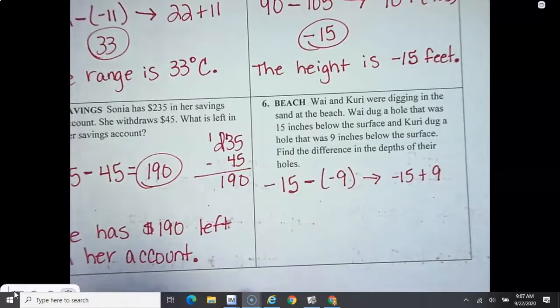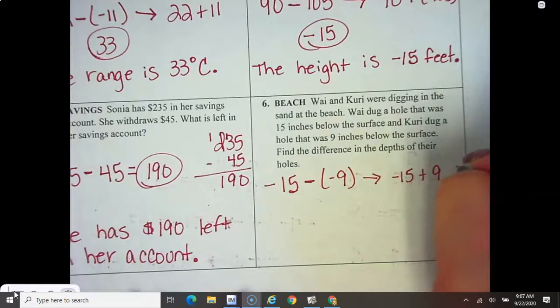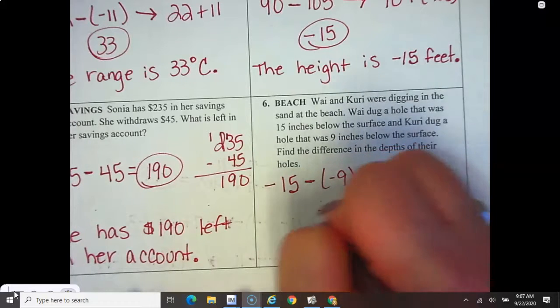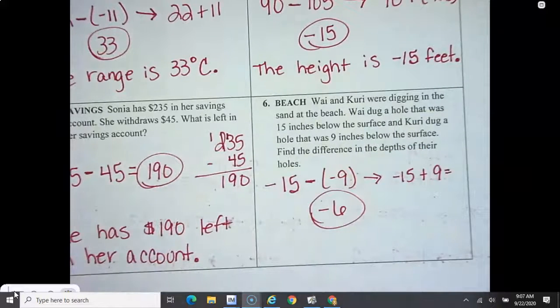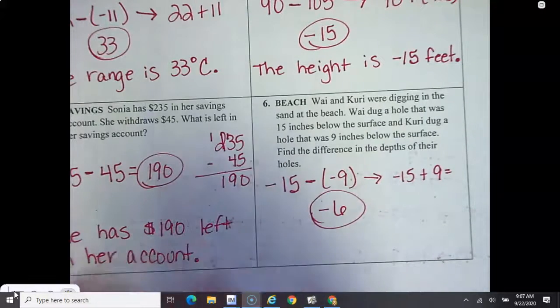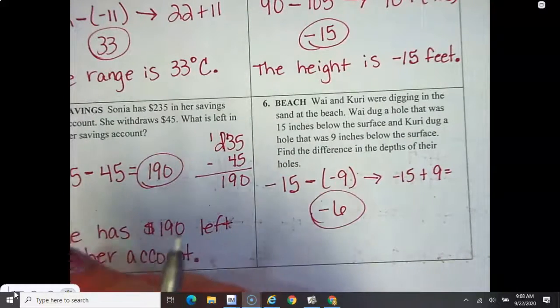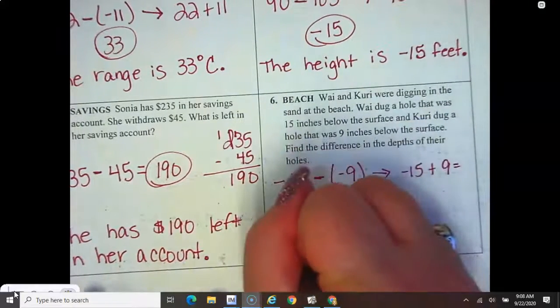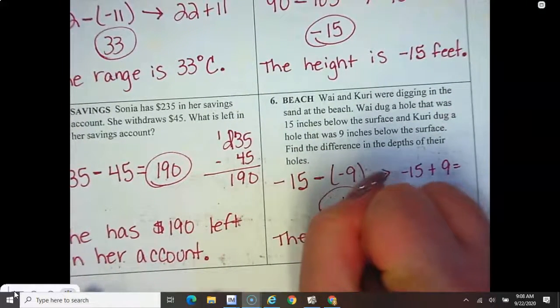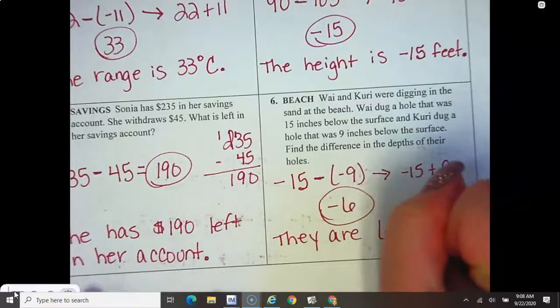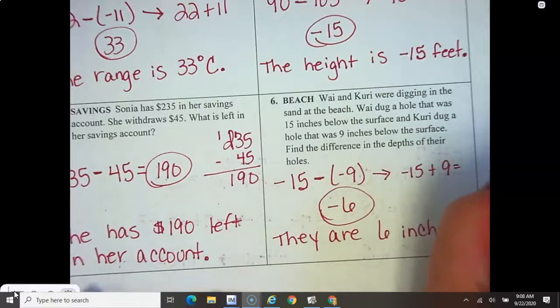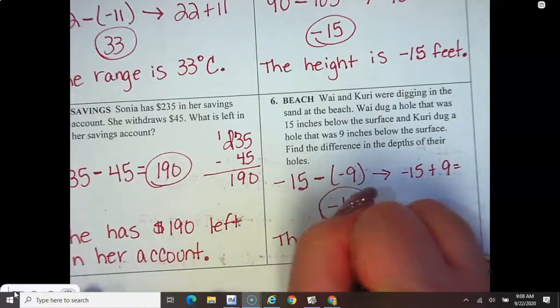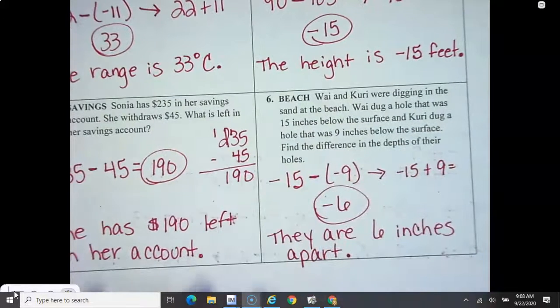And negative 15 plus 9 is? Negative 6. Find the difference. Now, we're talking about distance. So when we write the sentence, are we going to say they're negative 6 or they're 6? Then we're going to say they're 6 because we're talking about distance. So they are 6 inches apart. Or you could say difference.